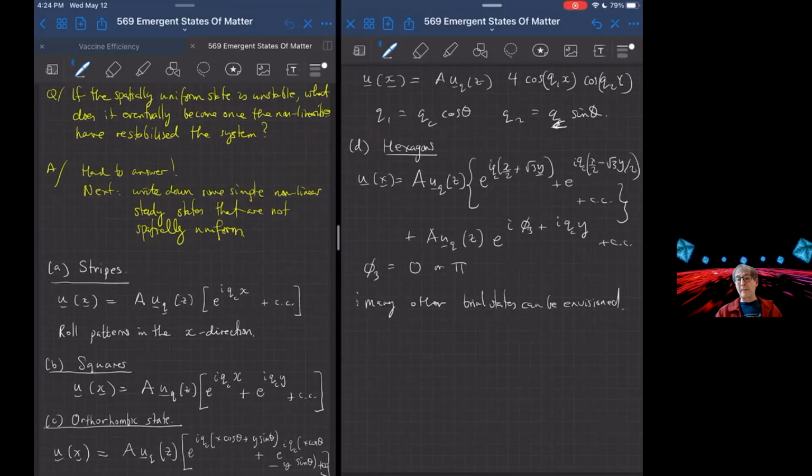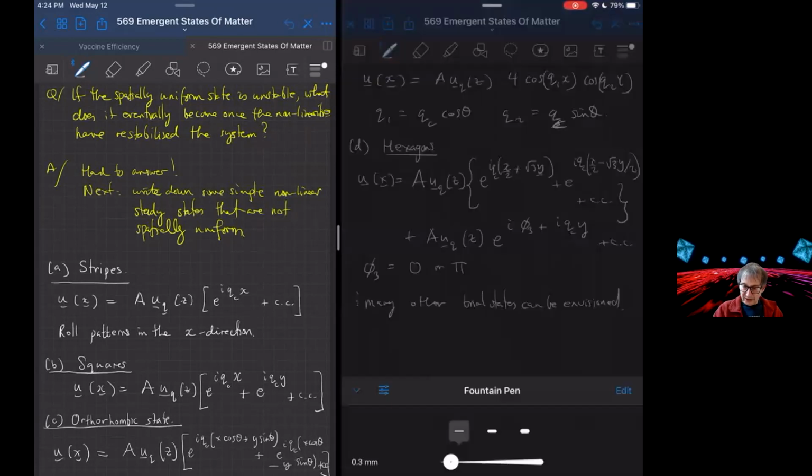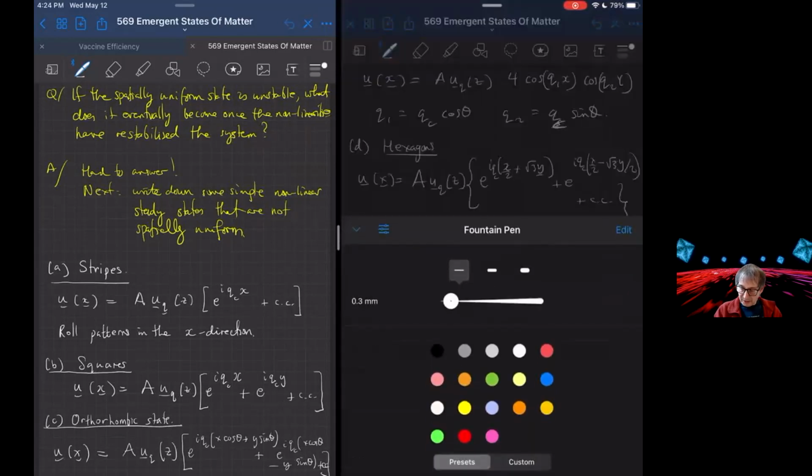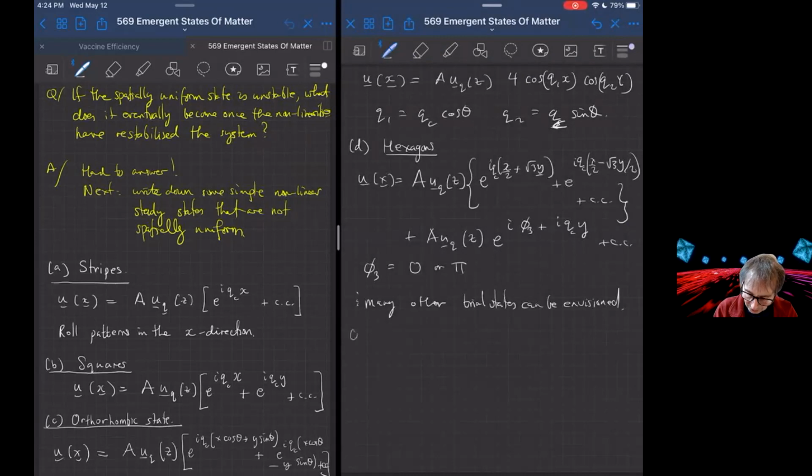Okay, so these are all possible states. And now the question you might ask is, well, which of these states would actually be observed? And so that, of course, is the question of stability.